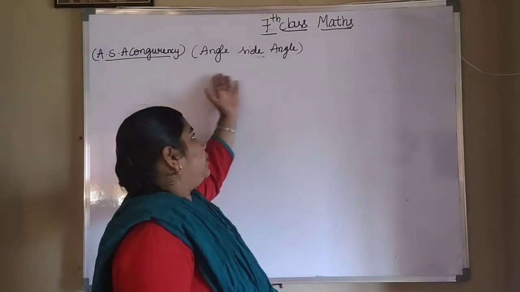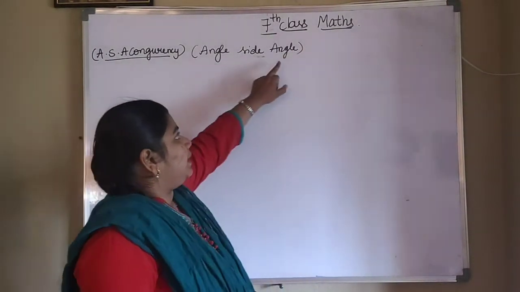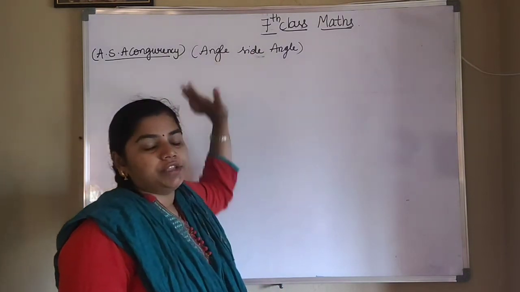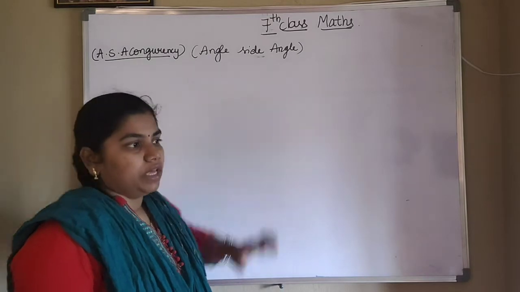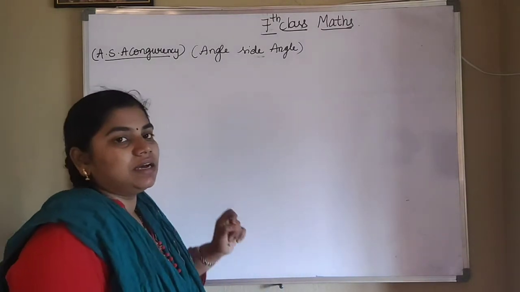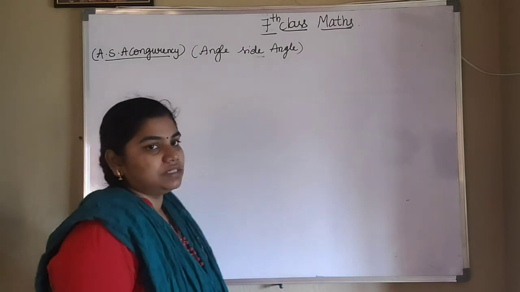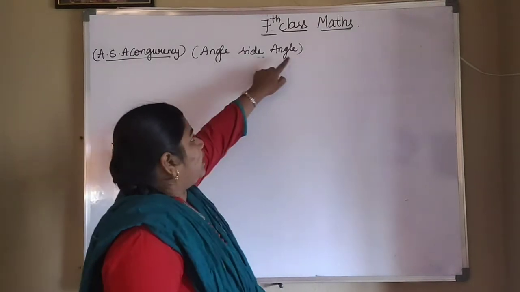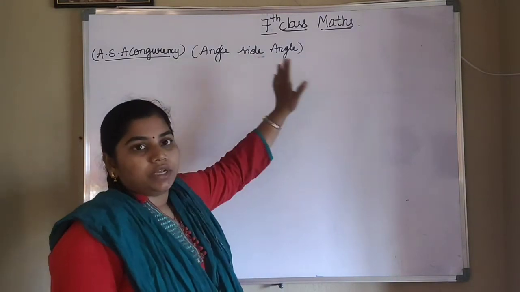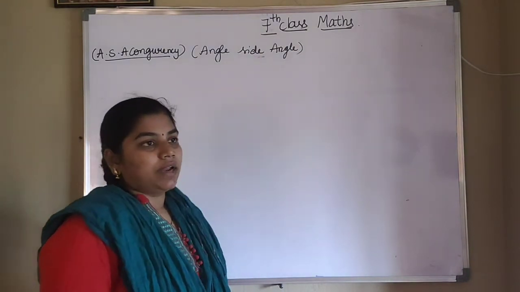By seeing the name you can tell that two angles and the included side should be congruent in two triangles. Two angles and the included side should be equal in the corresponding triangle.